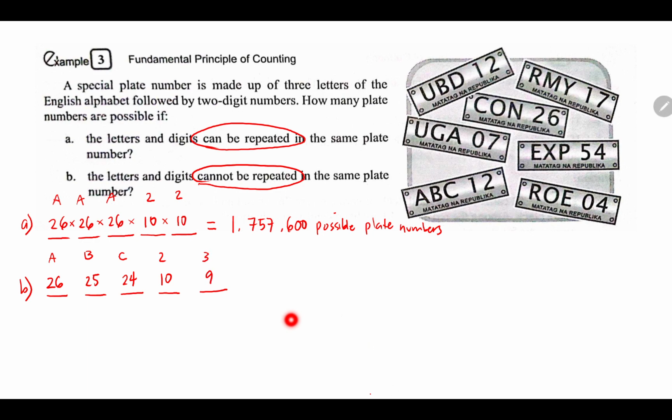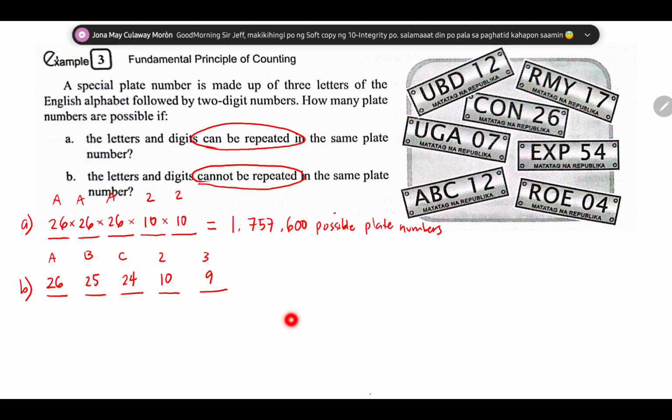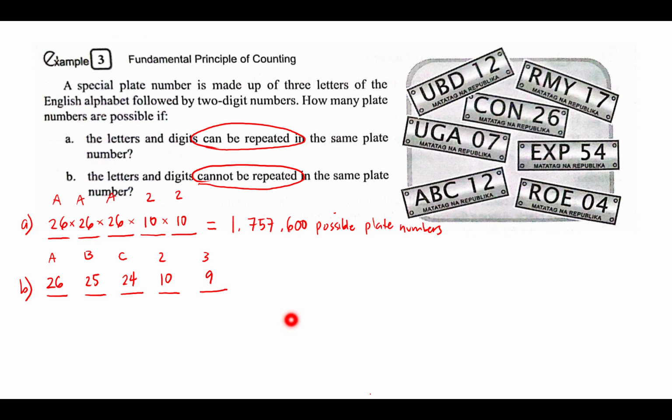Let's say this is 3. So again, according to the fundamental principle of counting, we simply multiply 26 times 25 times 24 times 10 times 9, and it gives us 1,404,000 possible plate numbers.